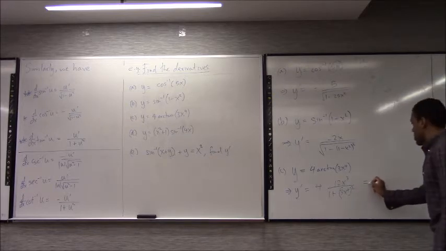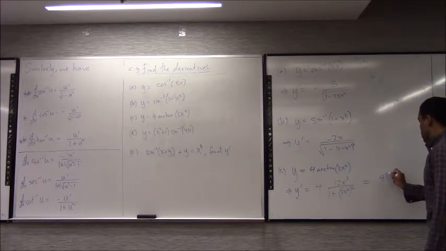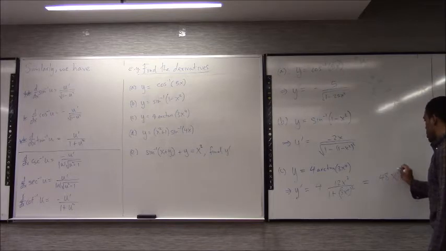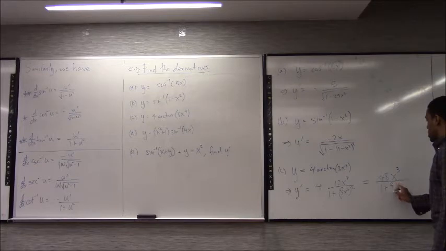So this would be 40x cubed over 1 plus 9x.